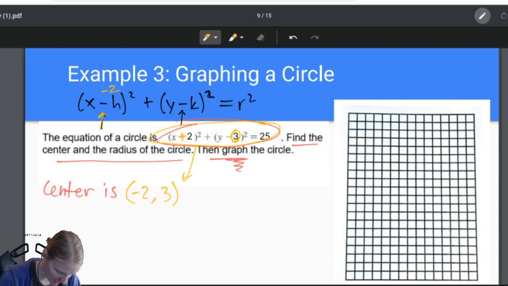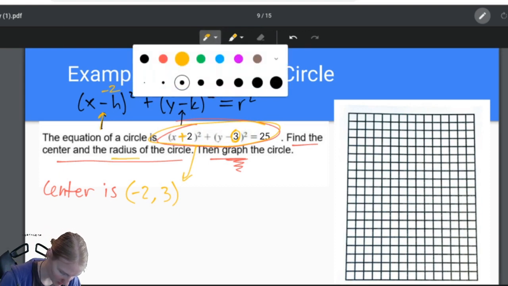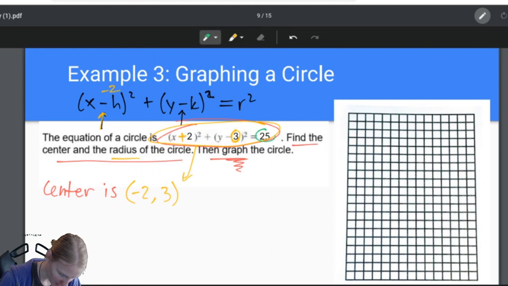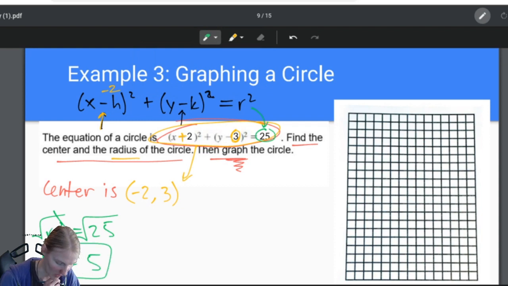Okay, and the radius, well, remember, this is r squared. So r squared equals 25, which means that r is 5. So the radius is 5, and the center is -2, 3. Wonderful. So we did this part. We found the center and the radius.